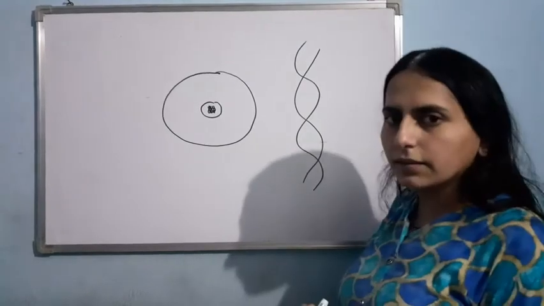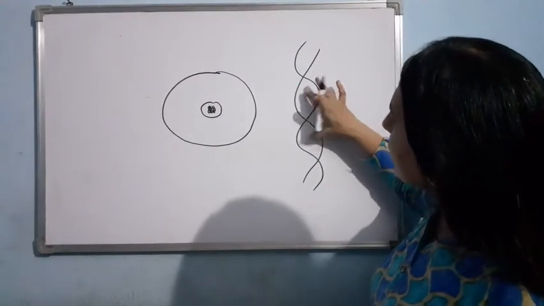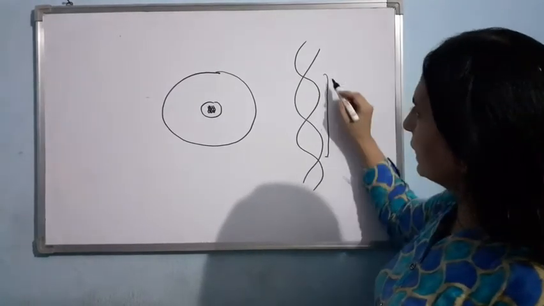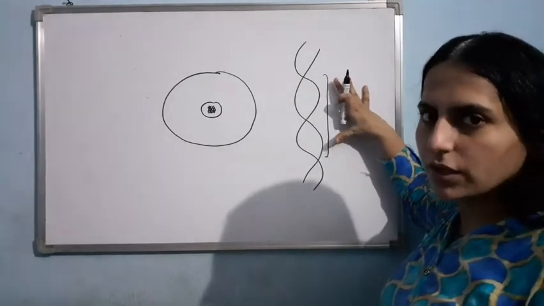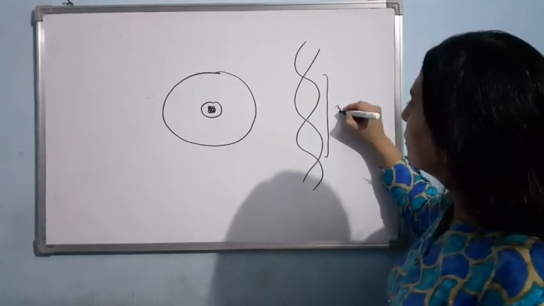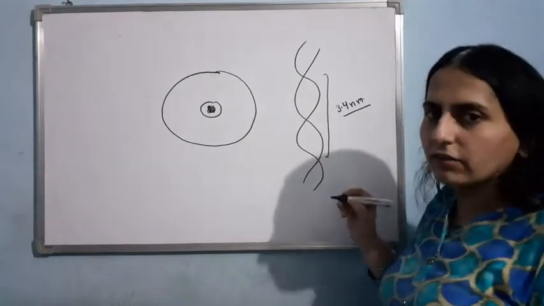Like this, clear? Now, as you know, from here till here this is one complete turn, and its pitch, the length of the complete turn, is 3.4 nanometer, right? This we have done.